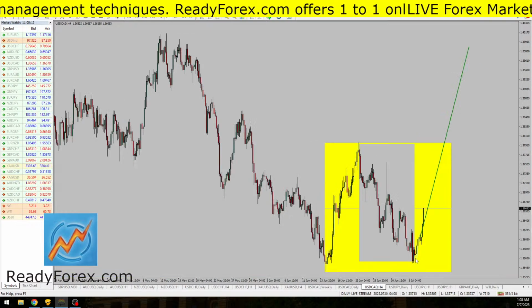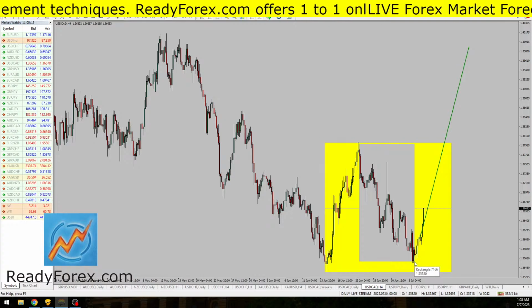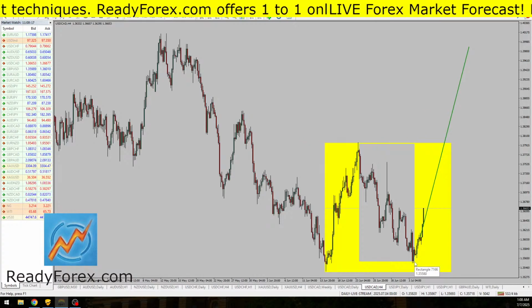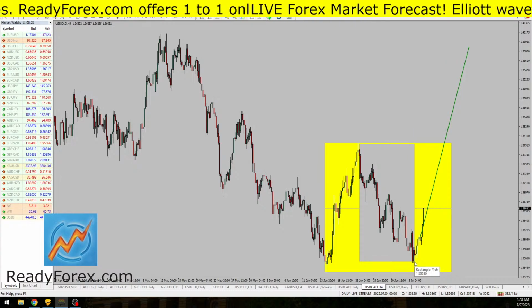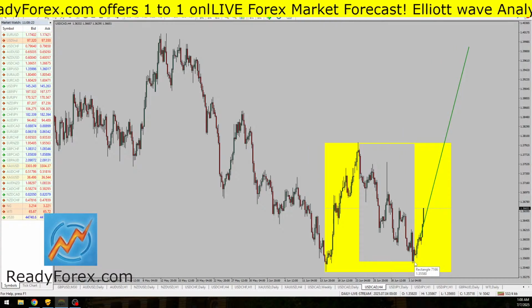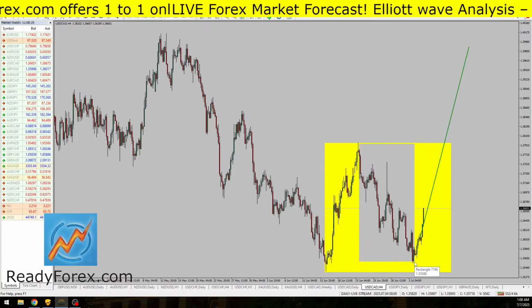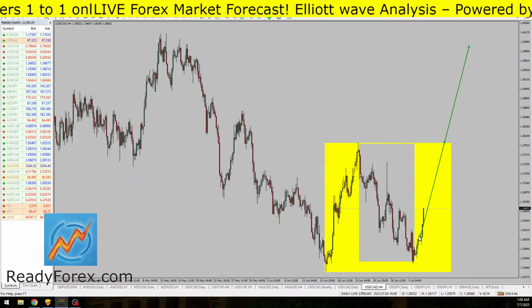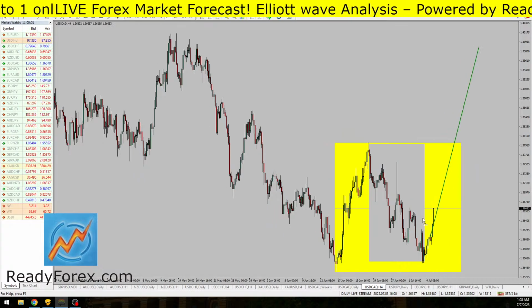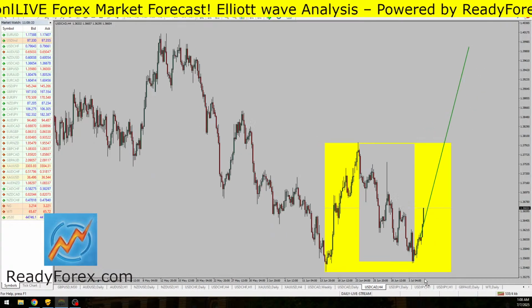This is the yellow highlighted area. The request is about the USDJPY currency pair. Yes, I will talk about the USD yen. Okay, USDCAD, it's firing up, and it seems to me I expect further upside in the USDCAD currency pair.